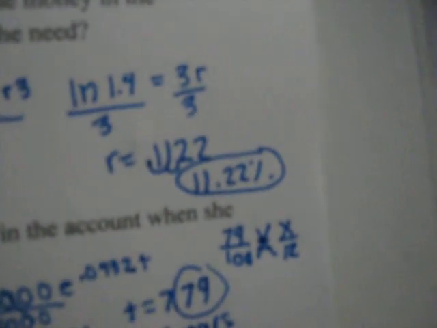So how we would do it, we would put 79 over 100 equal to x over 12. We cross multiply this, so we multiply 79 times 12, which gives me 948, and we divide that by 100, which gives us x equals 9.48.